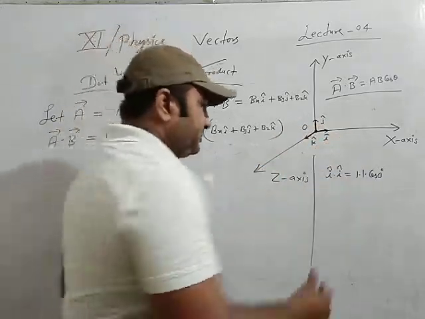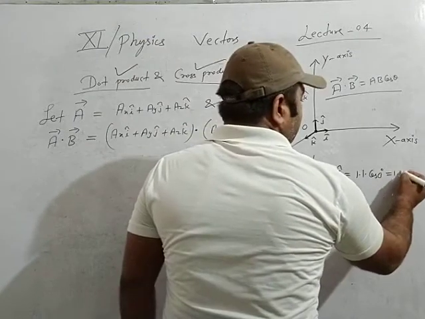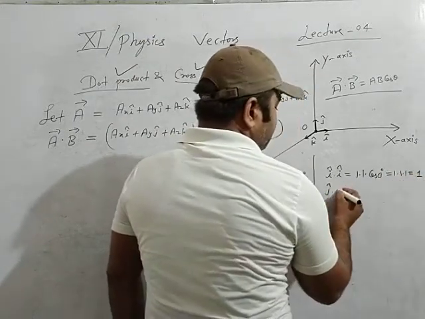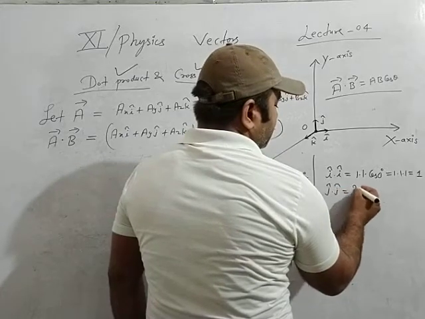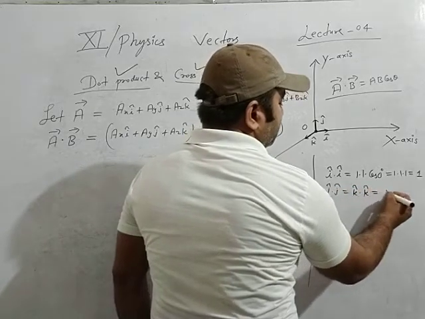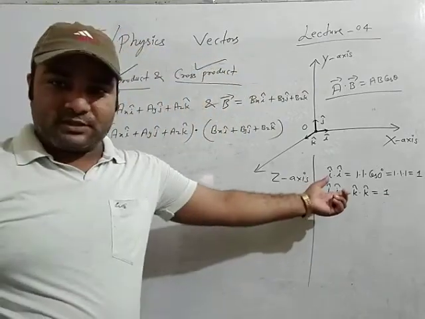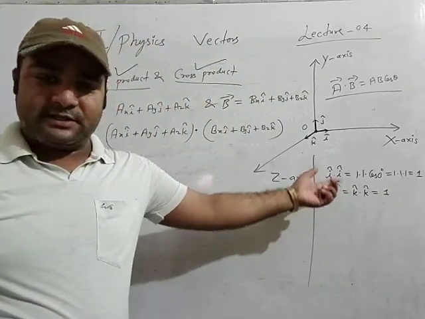So cos 0 is 1, and 1 into 1 into 1 is equal to 1. Similarly, j dot j is equal to k dot k is equal to 1. Clear?